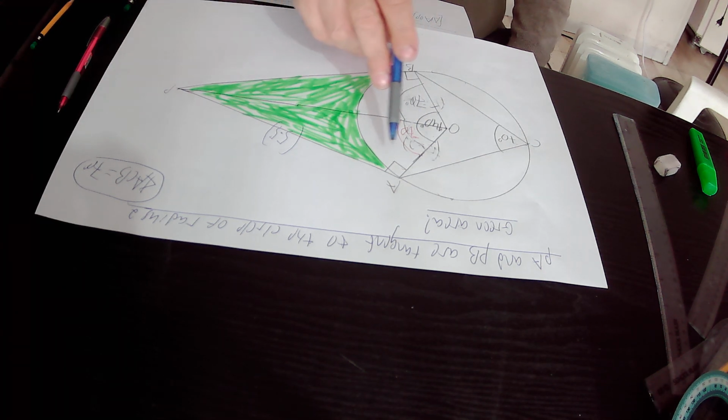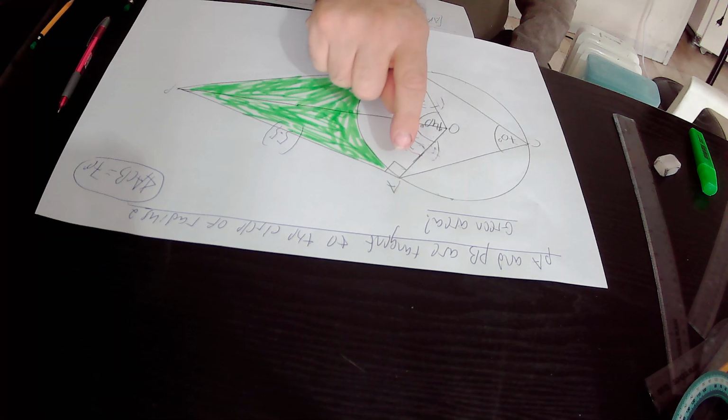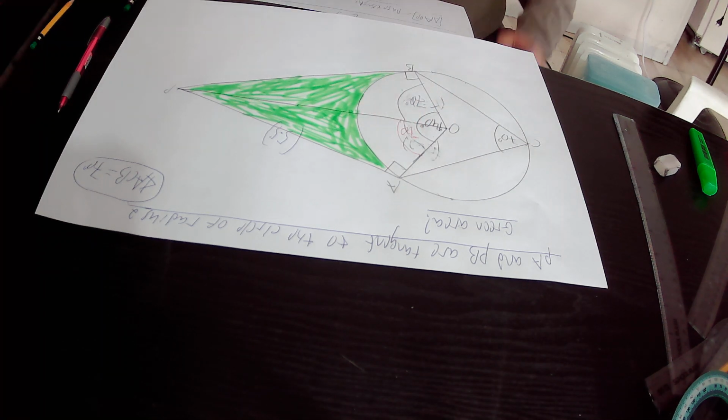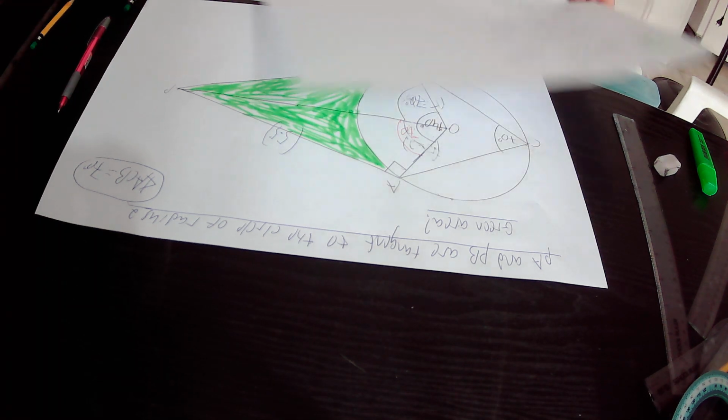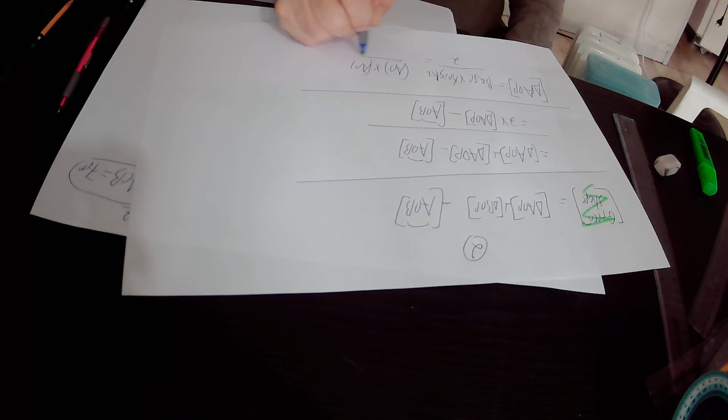Why? Because AP creates 90 degrees with the base AO. So the base is AO, and the height to the base is AP, divided by 2.